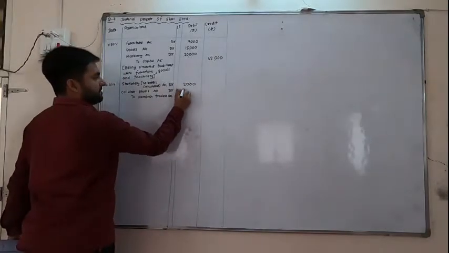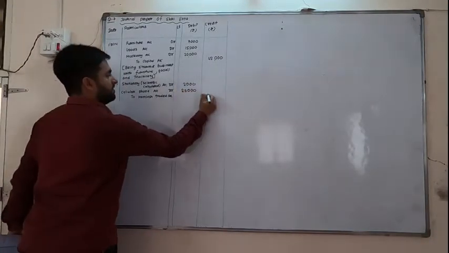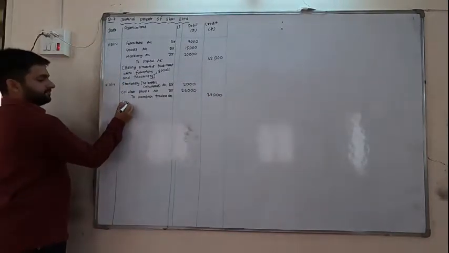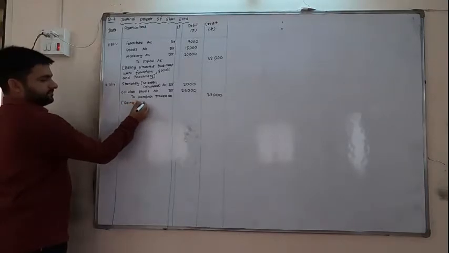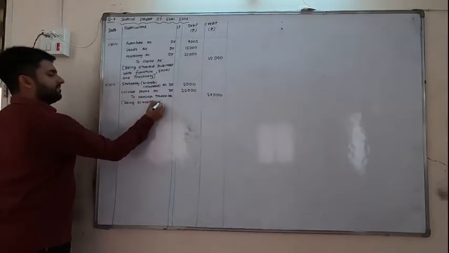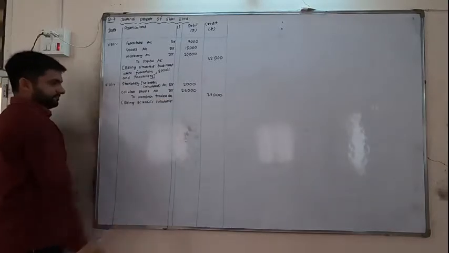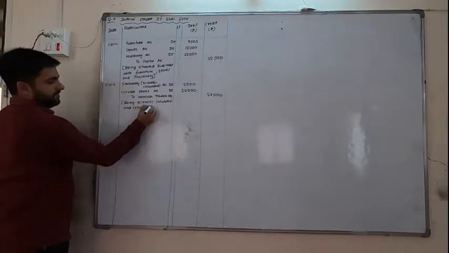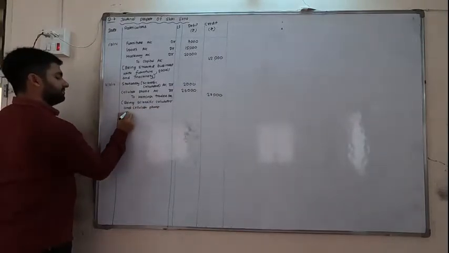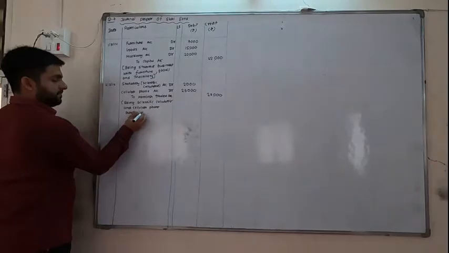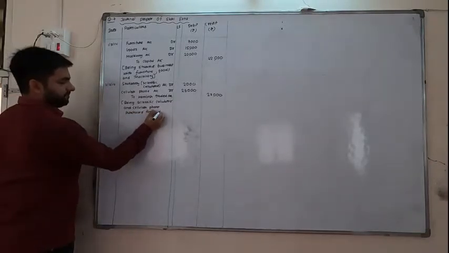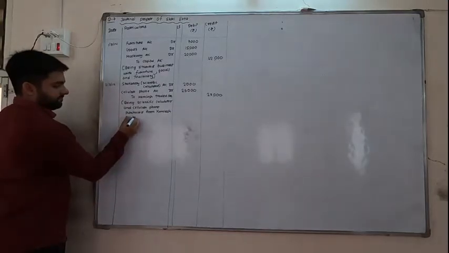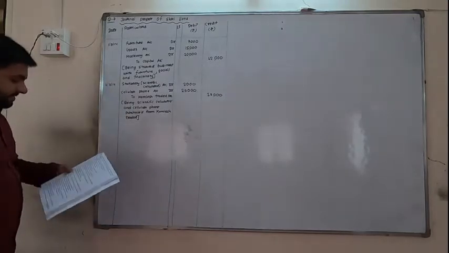This is for 2,000, this is for 25,000, so the total will be 27,000. Being scientific calculator and cellular phone purchased from Kamlesh Traders.